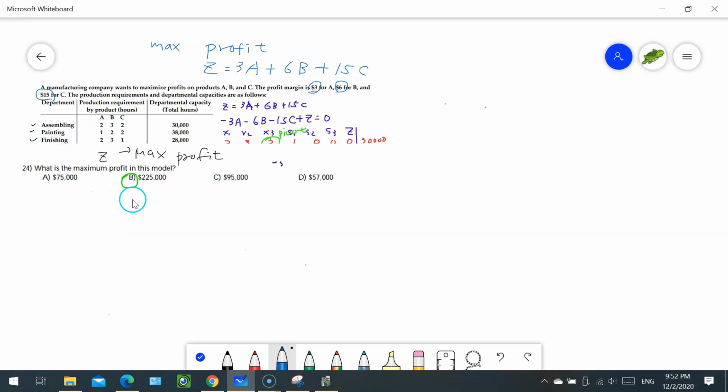The first one, I'm going to set up the constraint as 2A plus 3B plus 2C is less than or equal to 30,000. The second inequality is A plus 2B plus 2C is less than or equal to 38,000.